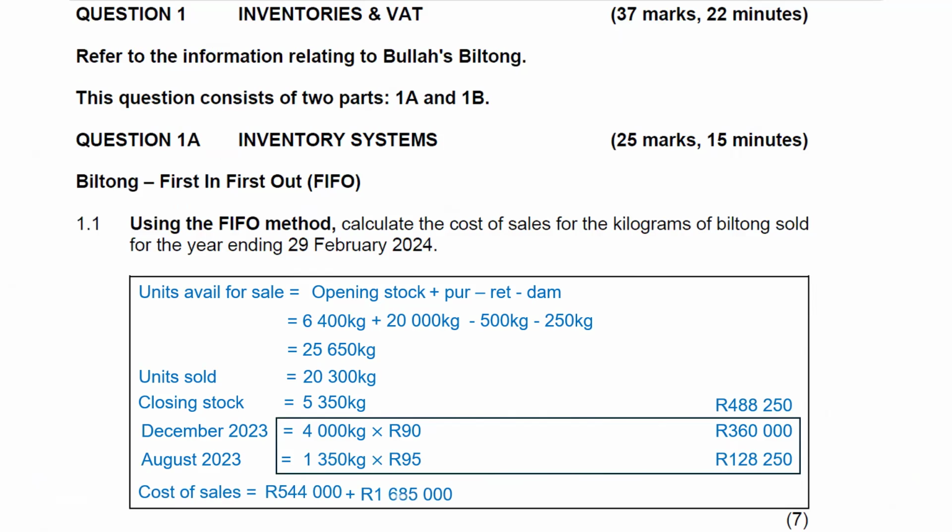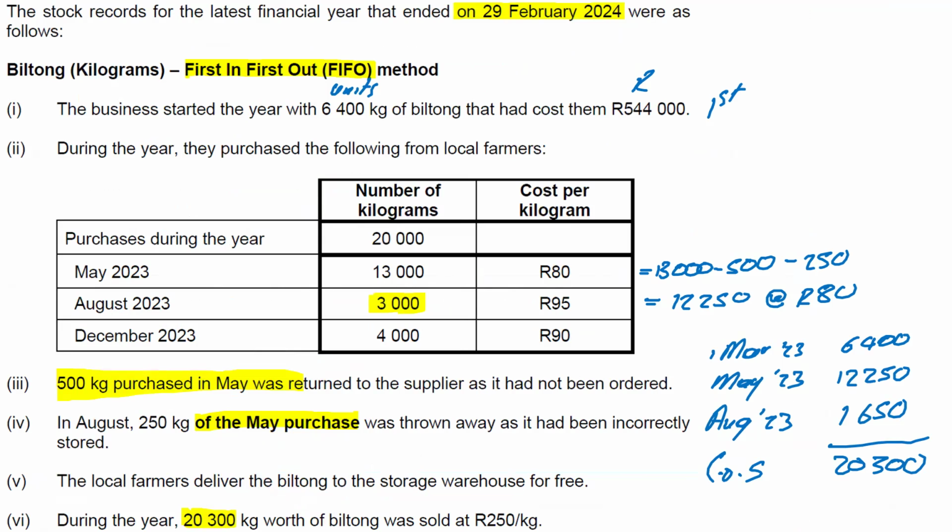You add your purchases. Your purchases will be 1,685,000. You minus the cost of the returns. And the cost of the returns, if you're wondering where I got that 60,000, it was that 750, which is the number of returns. That includes the damage. You will multiply it by the cost price of May purchases per unit, and that will be 80 rand.